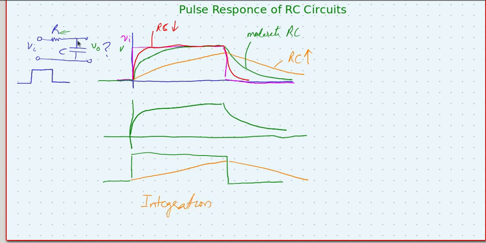So when this circuit is used with a large value of RC, what do you mean by large now? Now this all depends on the period of this pulse. So depends on the pulse width. If RC value is very much greater than the pulse width, then it behaves like an integrator.